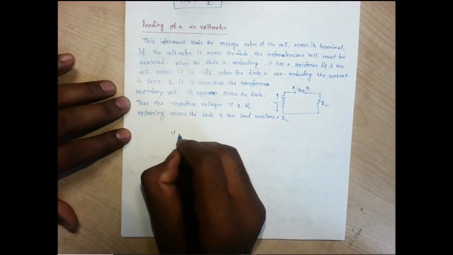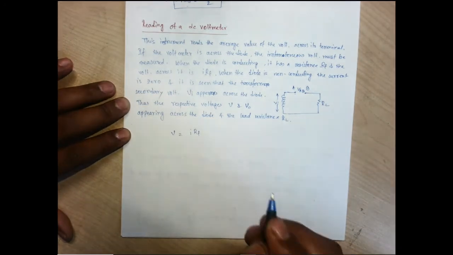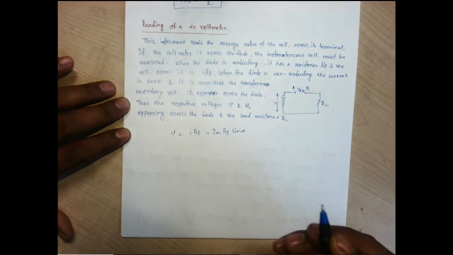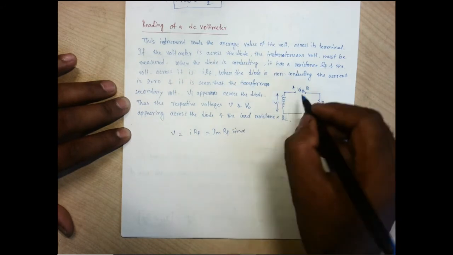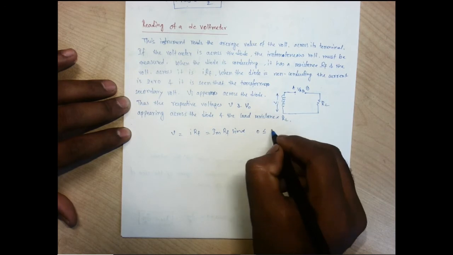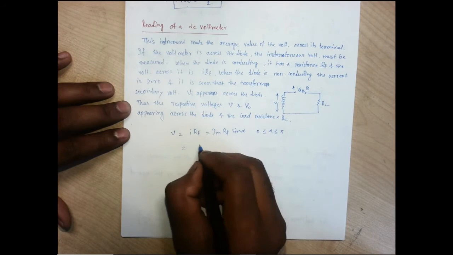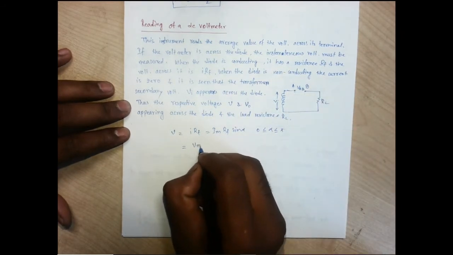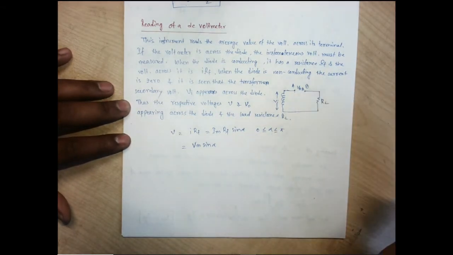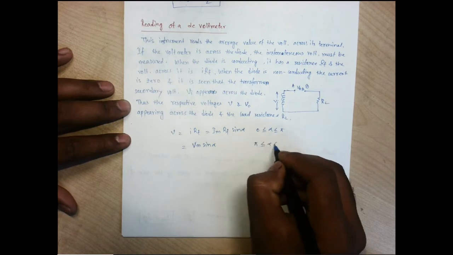So this V is I into RF, which is Im RF sin alpha, when the diode is in the conducting state, that is between 0 to π, and it is equal to Vm sin alpha when the diode is in the non-conducting state, that is between π to 2π.